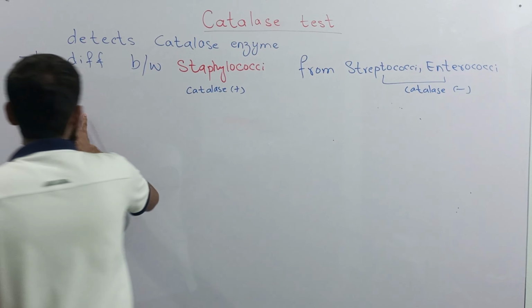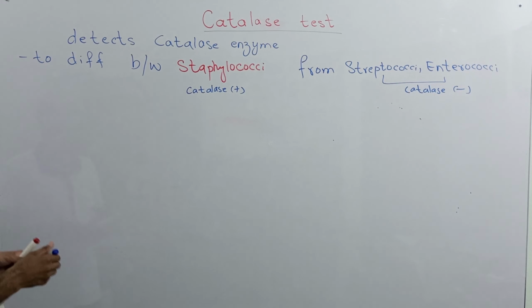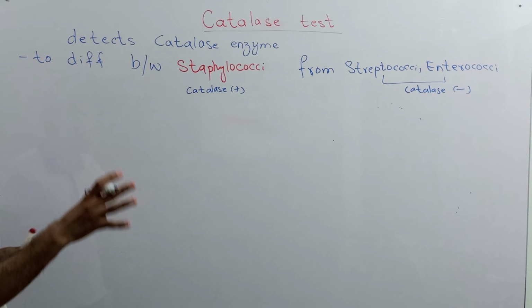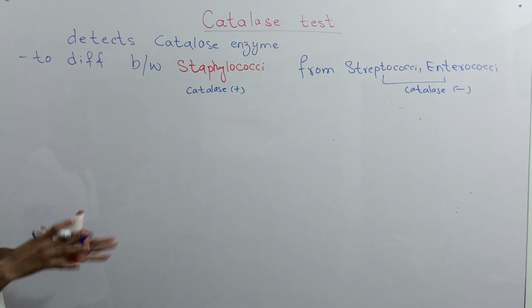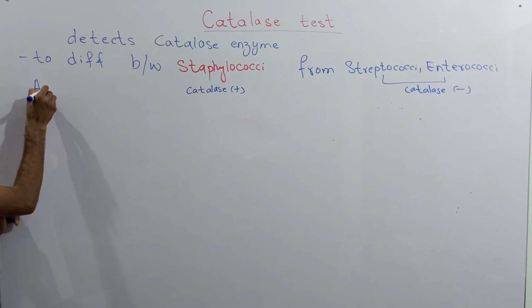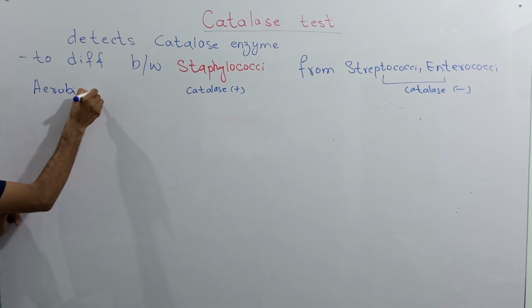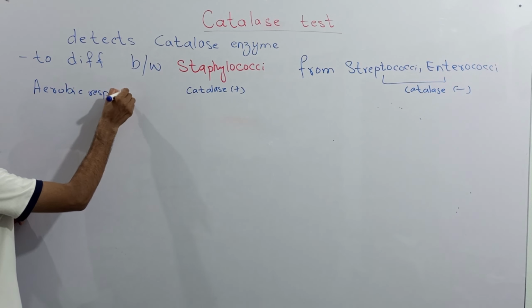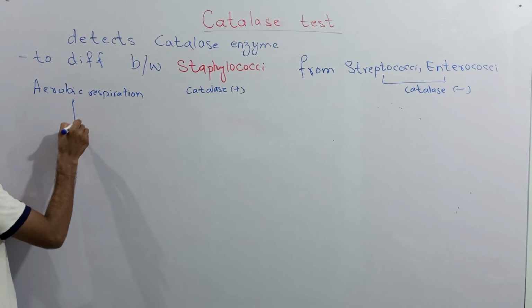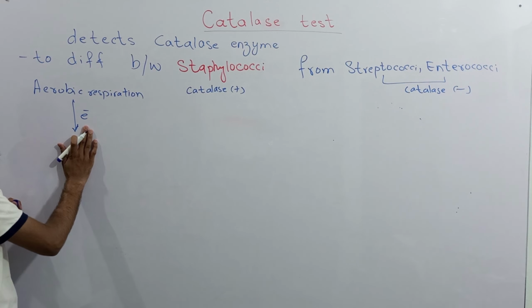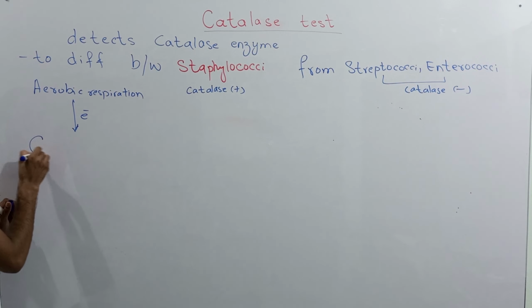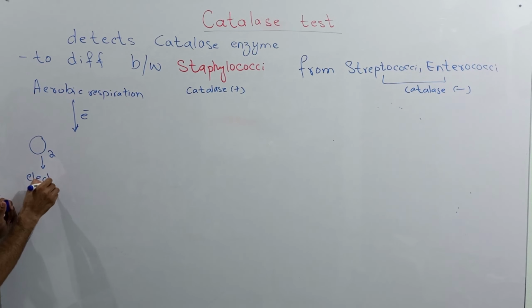So, facultative anaerobes and aerobic bacteria, during aerobic respiration, at the end of aerobic respiration, electron is produced. This electron is accepted by oxygen. So oxygen is acting as electron acceptor over here.